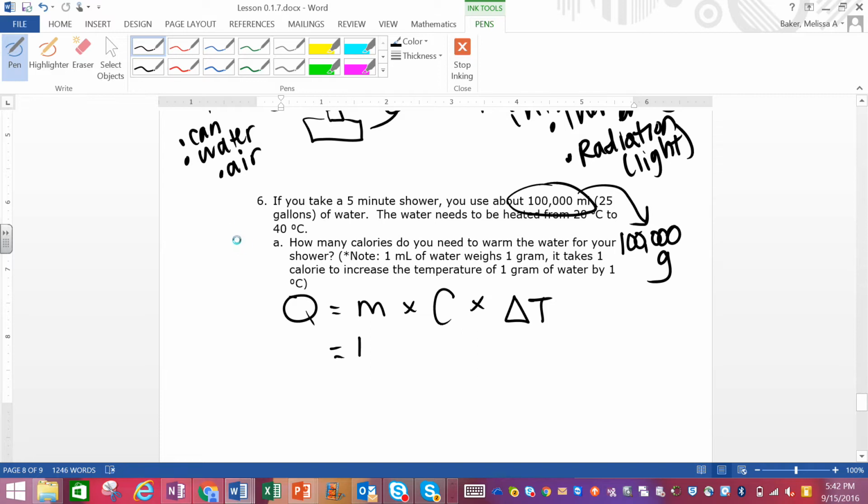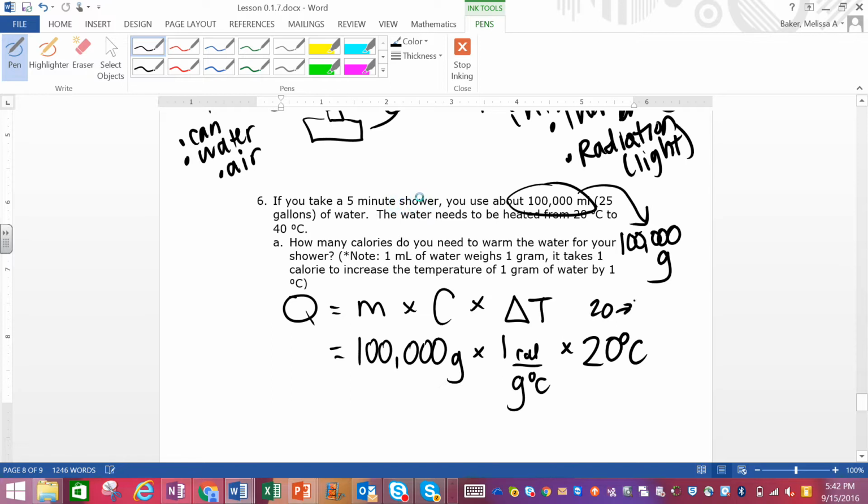So the mass of the water is 100,000 grams. It takes 1 calorie to heat up 1 gram, 1 degree Celsius. And this is going up 20 degrees Celsius because it's going from 20 to 40. Punch that into my calculator. It takes 2 million calories to heat up my water.